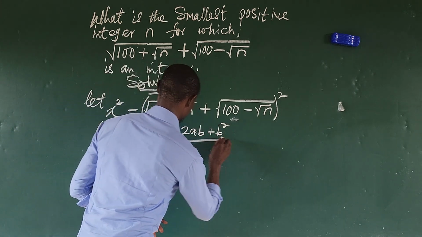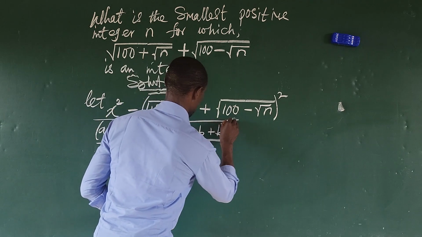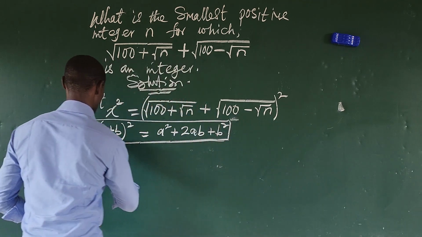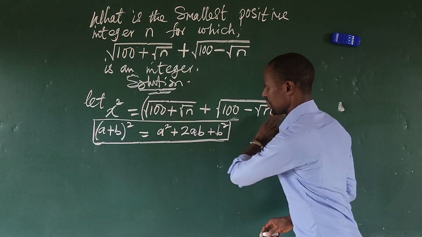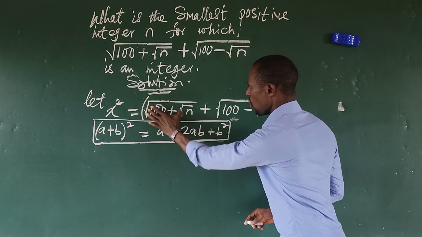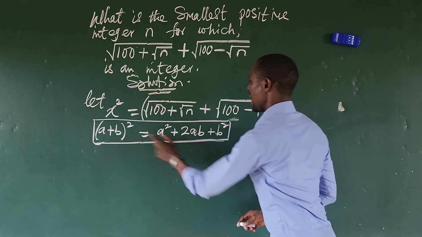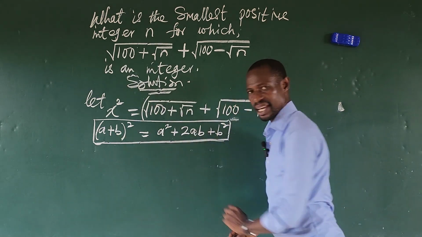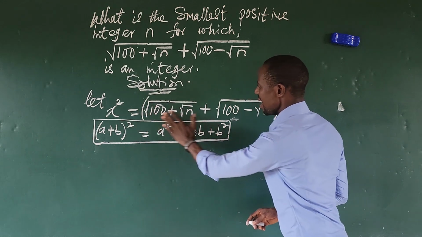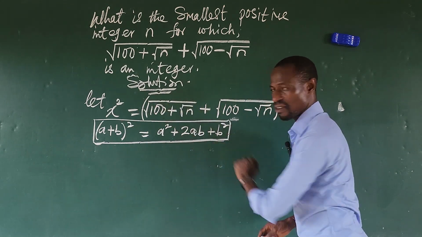If we remember this algebraic identity, what we have here is similar to this. The whole of this is our a, and the whole of this is our b, so we can rewrite everything in this format.